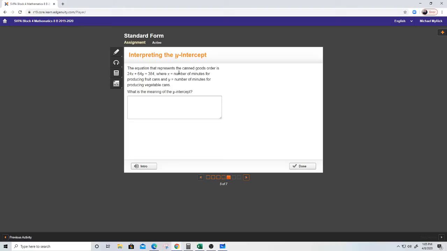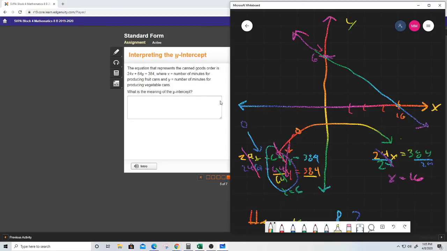Alright, the equation that represents the canned goods order is that. We already know that. Where x is the number of fruit cans and y is the number of vegetable cans. What is the meaning of the y-intercept? Well, the y-intercept is when x is 0, right?